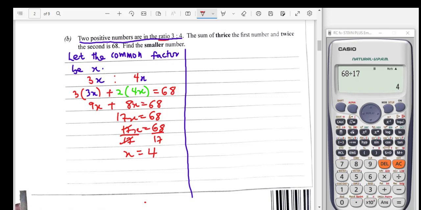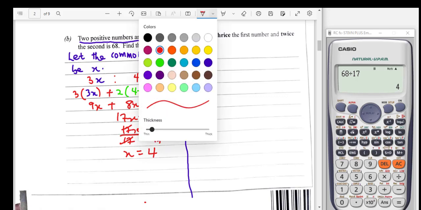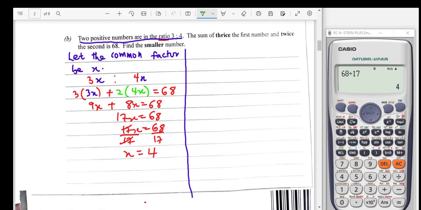Initially I said the numbers were 3x, the first number, and 4x, the second. Because x is constant here, the smaller number is 3x. The x is 4, so 3 times 4 is 12.